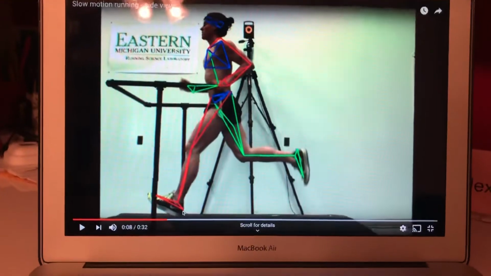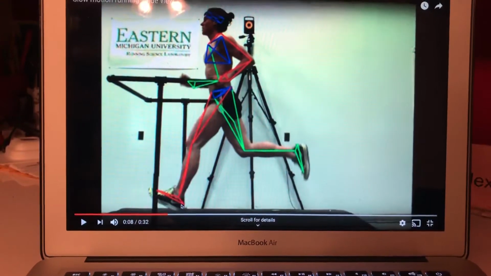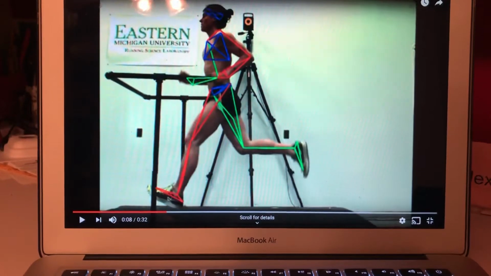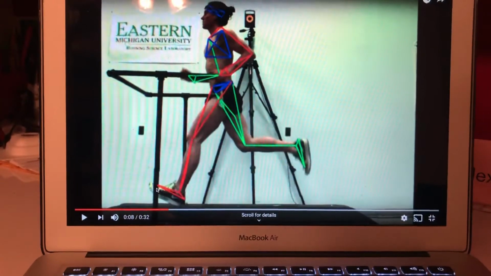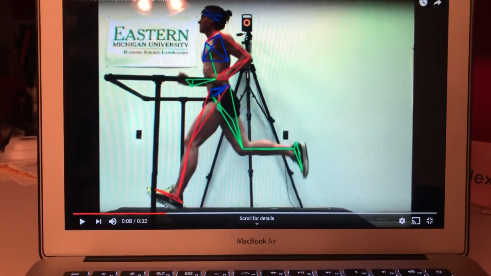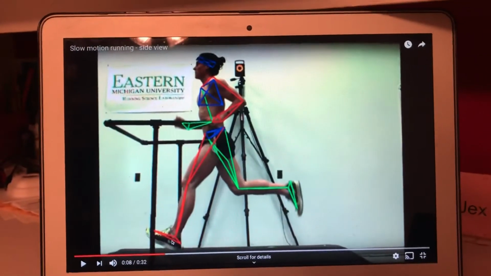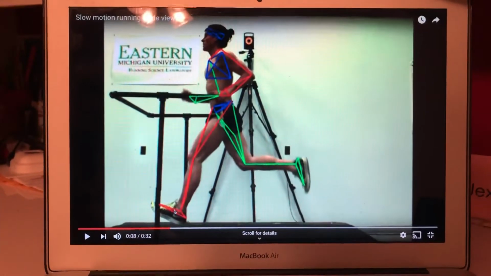And as we can also see, that foot angle is pretty large. If I had to estimate, maybe 10-15 degrees of foot angle, and it's in that plantar flex position. We wouldn't really see that if it was a forefoot striker. But again, we have a pretty large foot angle here.